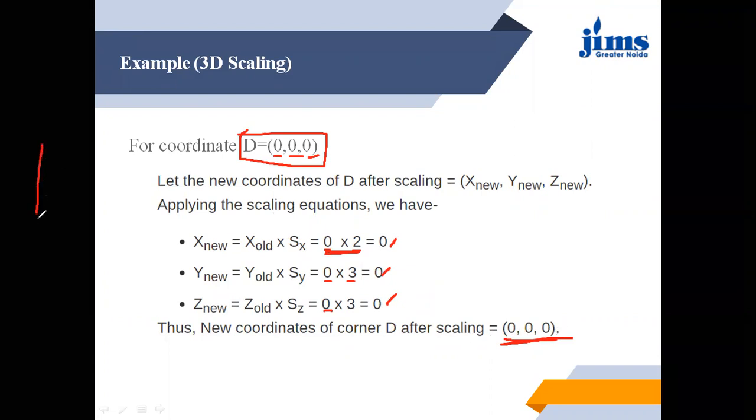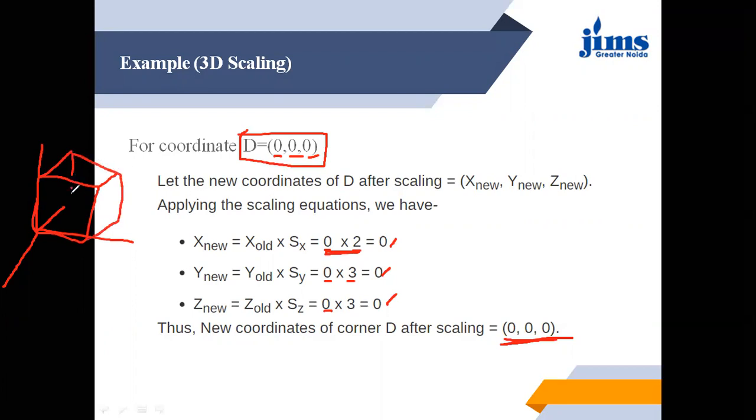When we started, I told you that the size of the object is going to be changed, but it's not necessary that the coordinates of each and every point are going to change.